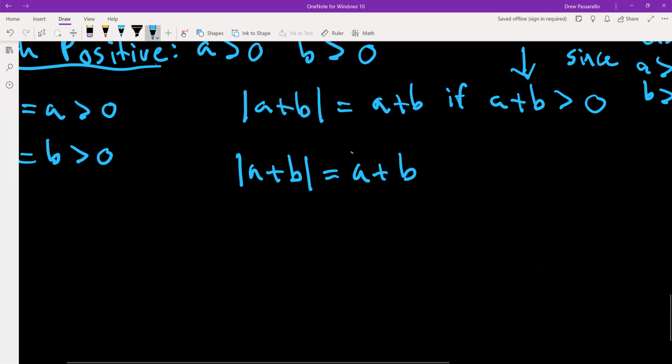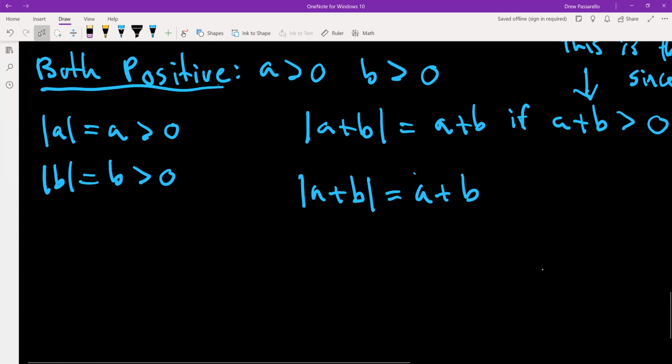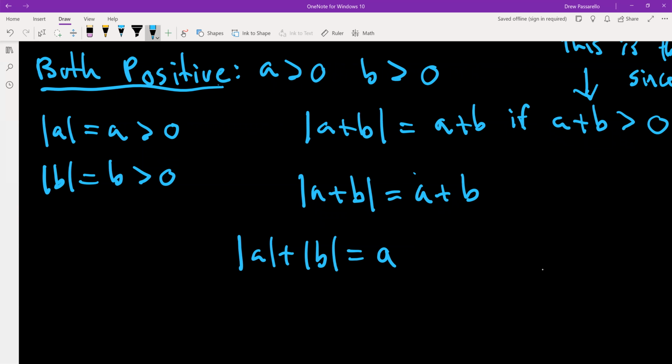All right, now when I do absolute value of a plus absolute value of b, we know absolute value of a is a, since a is positive. And then plus absolute value of b is equal to b, since b is positive. So they both equal a plus b.